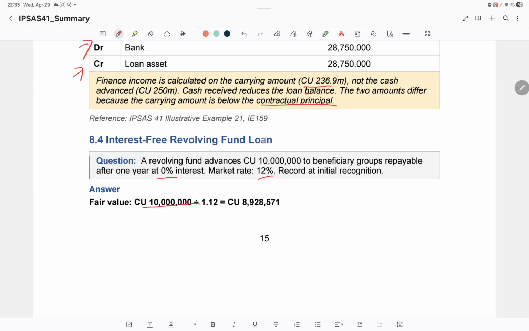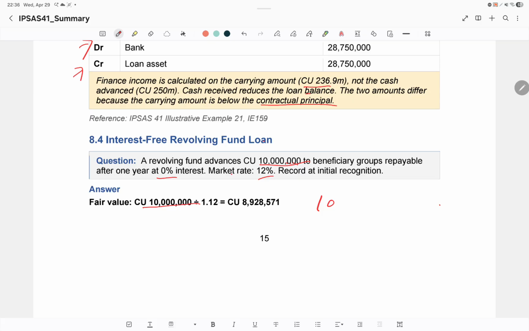Interest-free revolving fund. You have given 10 million to beneficiaries repayable after 1 year. You are giving 10 million and they are repaying, but this cannot be the same. This is one of the areas where the two differ, because of time value of money.